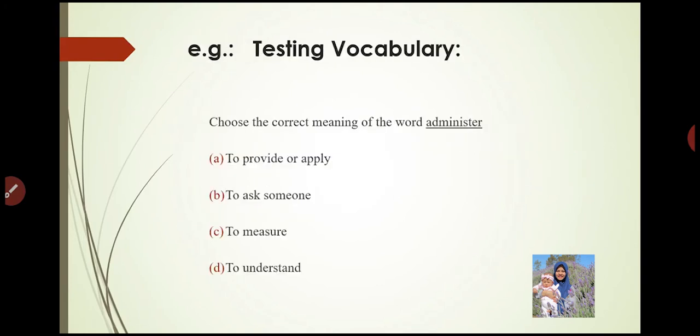For example, the teacher wants to assess the student's vocabulary, so the teacher gives a test related to vocabulary. For example, choose the correct meaning of the word administer: to provide or apply, to ask someone, to measure, or to understand. That's the example.